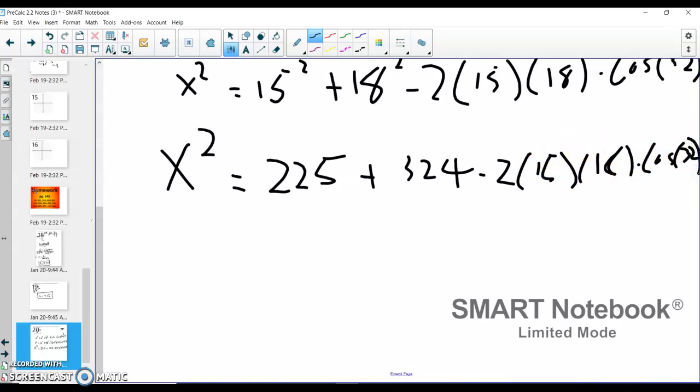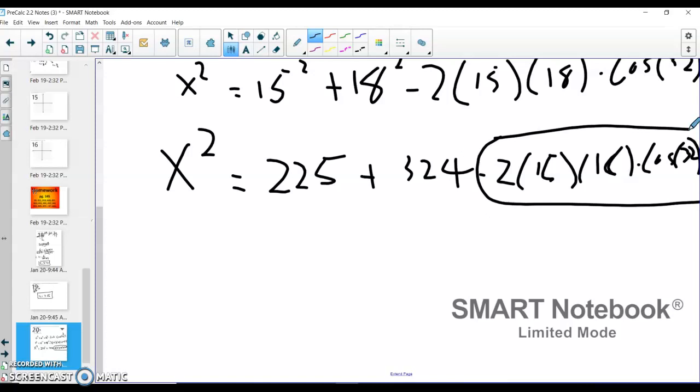And now I'm going to do this multiplication. What I'm going to multiply is this whole chunk right here. So I'm taking negative 2 times 15 times 18 times the cosine of 32, and I'm carrying that negative sign with me. And by carrying that negative or that subtraction sign with me, if I do this multiplication and get a positive, I'm going to make this addition. I'm going to add everything. If I do this multiplication and I get a negative number, then it's going to stay subtraction here.